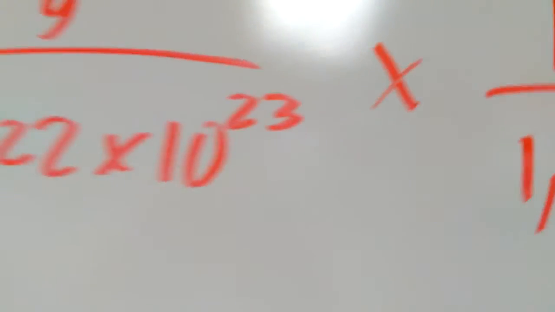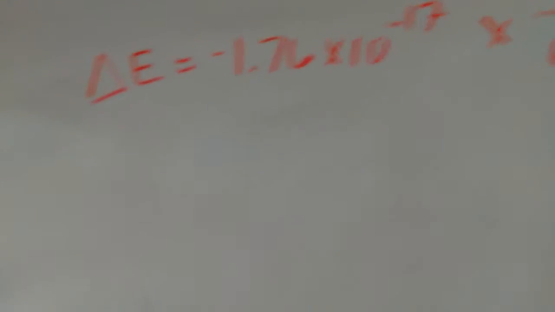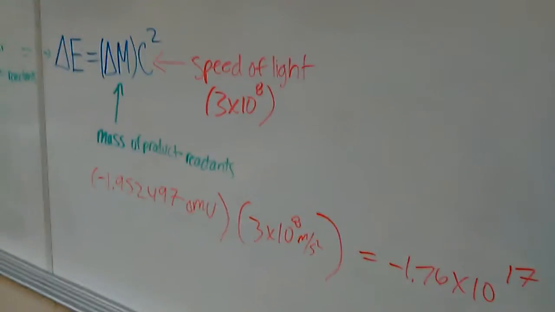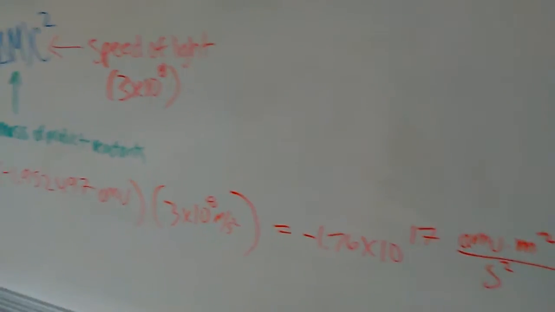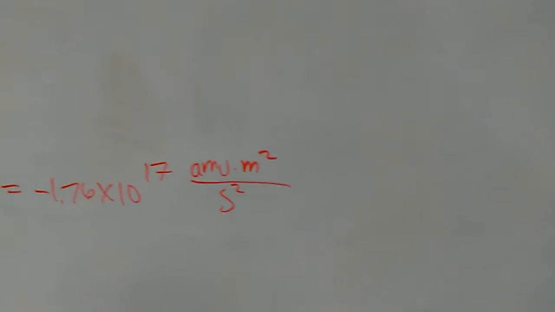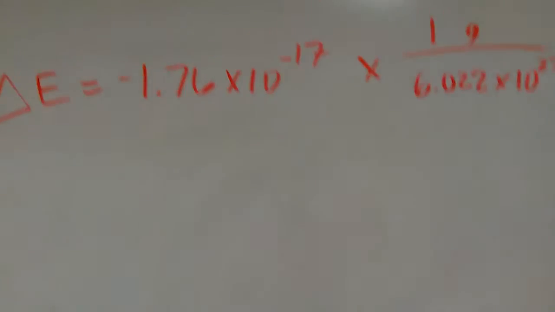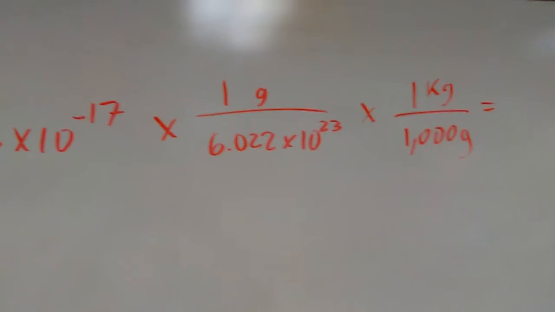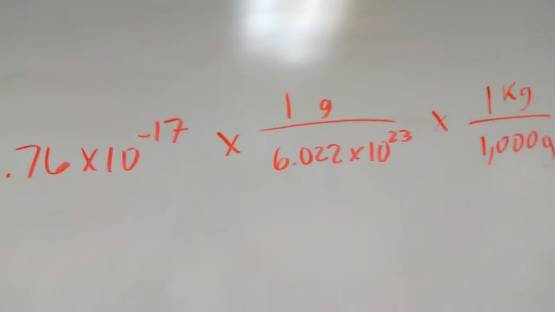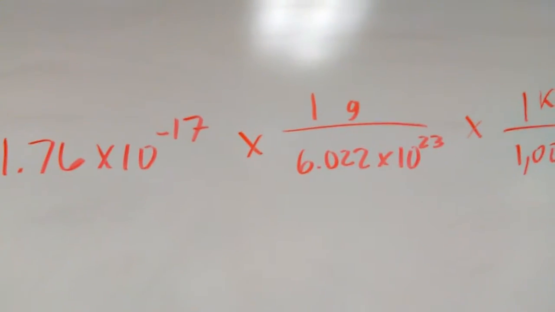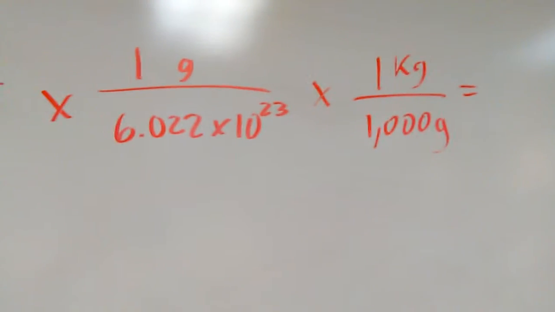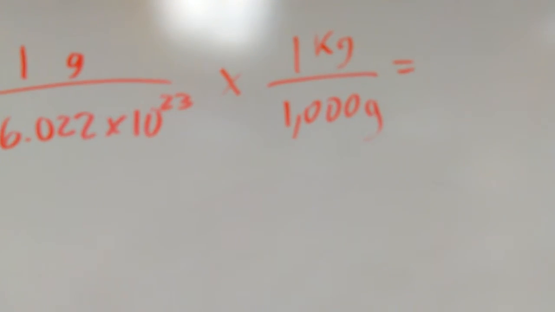Okay. So here all we're doing is using the same number that we got from our E equals mc squared. We're going to use that same answer, plug it into this equation, and convert it. It's going to multiply, or technically divide it by Avogadro's number, and then again divide by 1,000.